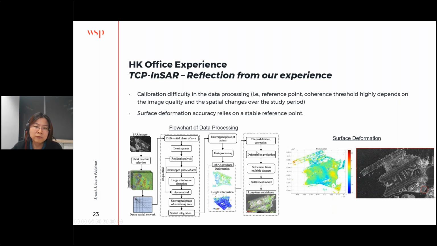Also, for the whole process, the surface deformation accuracy very much relies on the ground. So bear in mind that if the ground is settling, please do not take it as a reference. You should refer to whatever is stable. From our project, we were able to work with the manual survey.